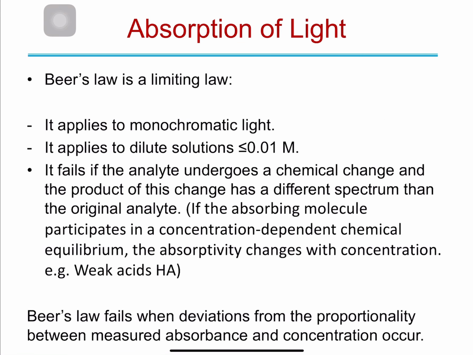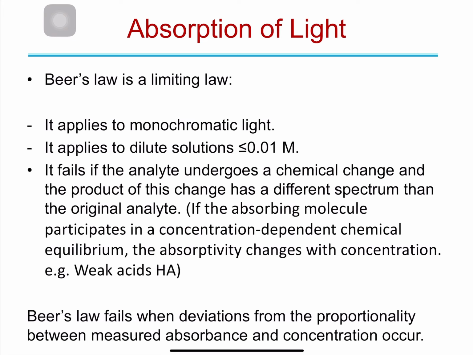Beer's law is the law that we use to measure the concentration of substances in relation to their absorbance of light. So the higher the concentration of the sample, the higher the absorbance of the substance or of that colored complex.